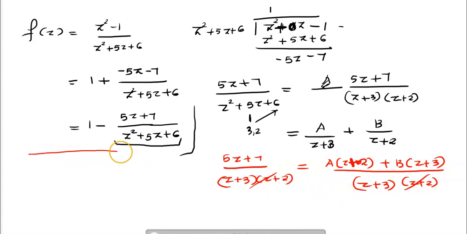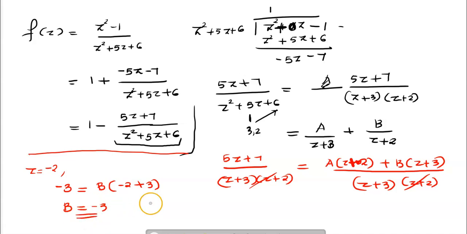Put z = −2, so that the A term is 0. Then 5(−2) + 7 is −3, equal to B(−2 + 3), so B = −3.